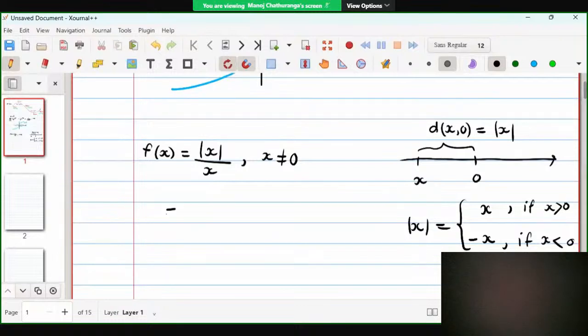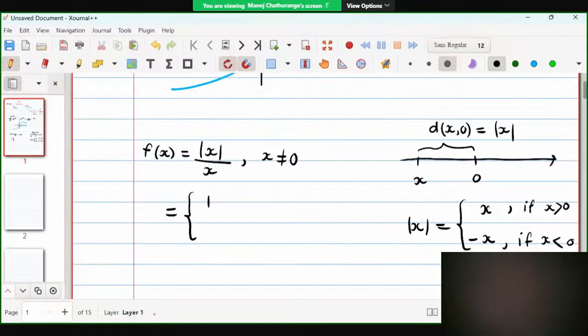Now, because of that, we can write a piecewise definition. If x is positive, the absolute value of x is just x. So for positive x values, replace the absolute value of x by just x. Then x divided by x is 1.